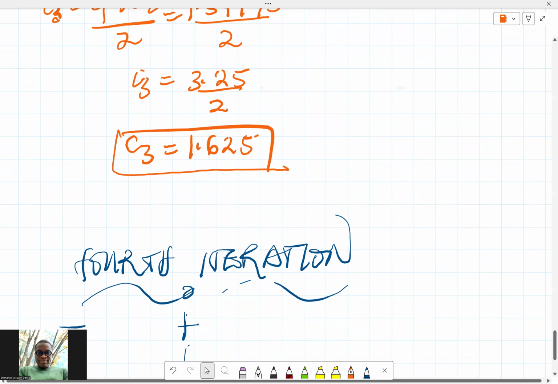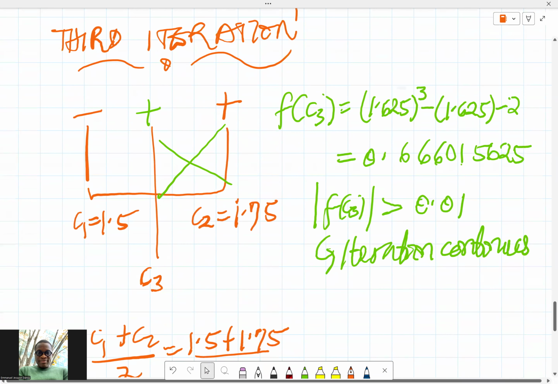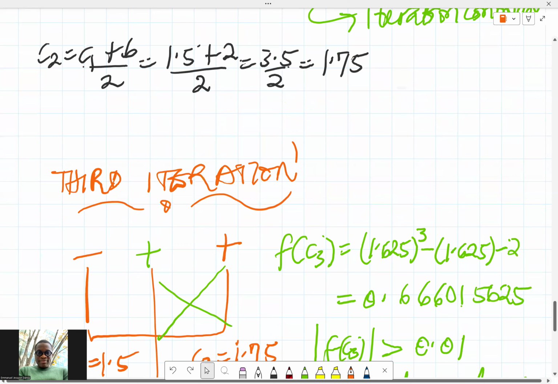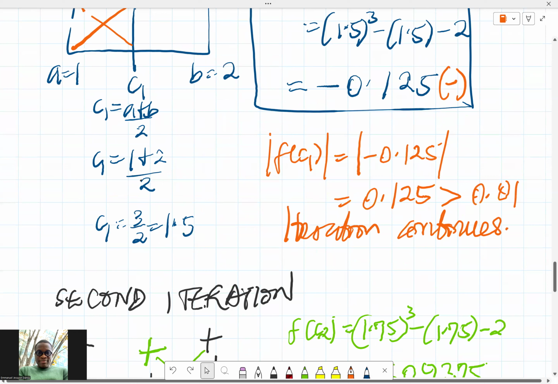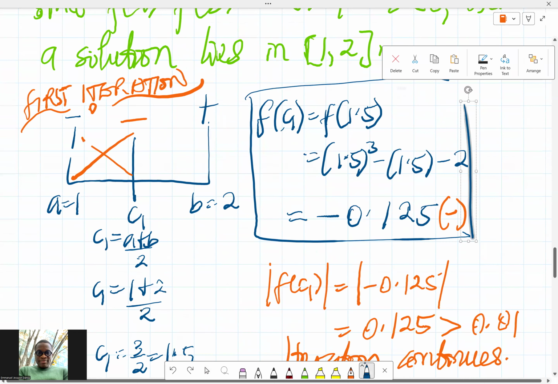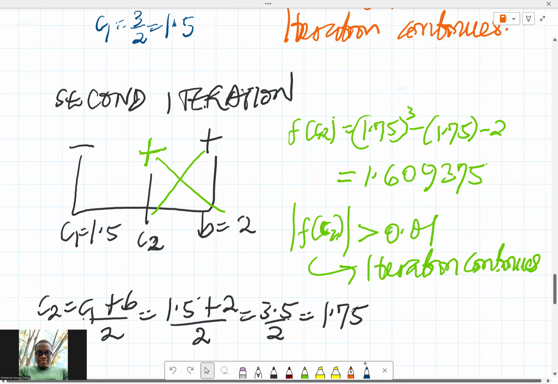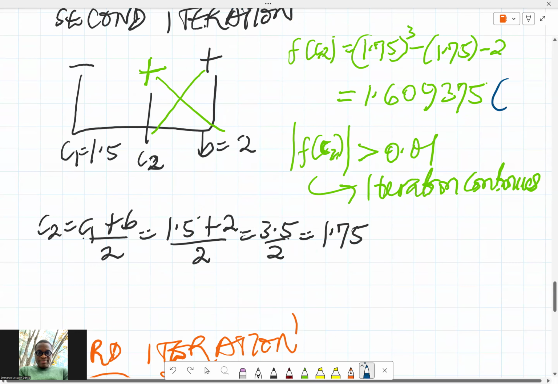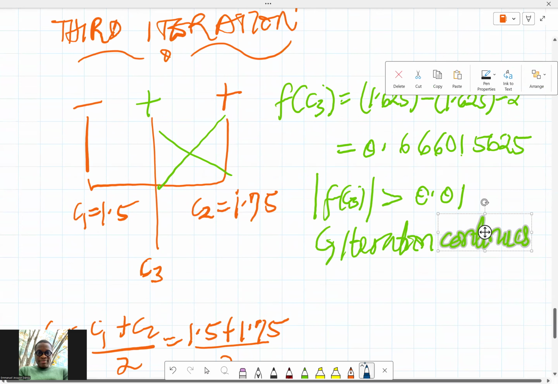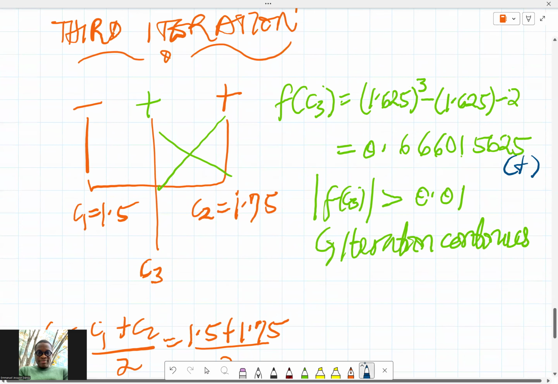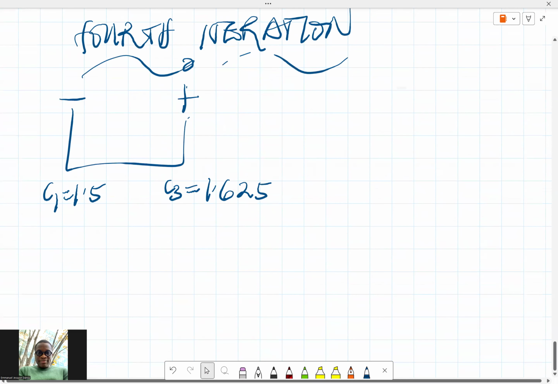Positive means that when you substitute the value, that's what you get. Just like f of C2 here is also positive. The first one was negative, this is positive, this is also positive. So now the solution lies between C1 and C3.